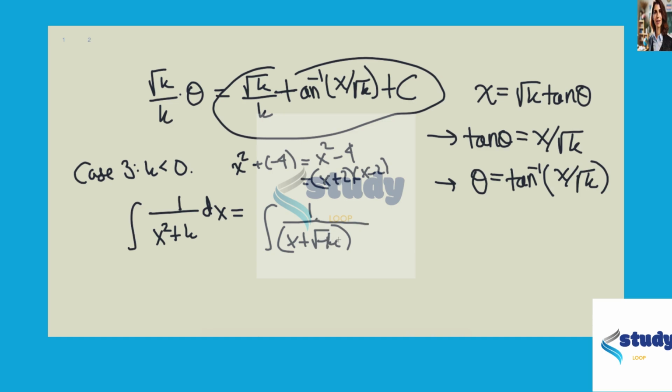And then x minus root negative k. So let me go back, I got a little sloppy there. We have a negative k in that radical, and we put the negative inside the radical because if k is negative, that means negative k is positive.